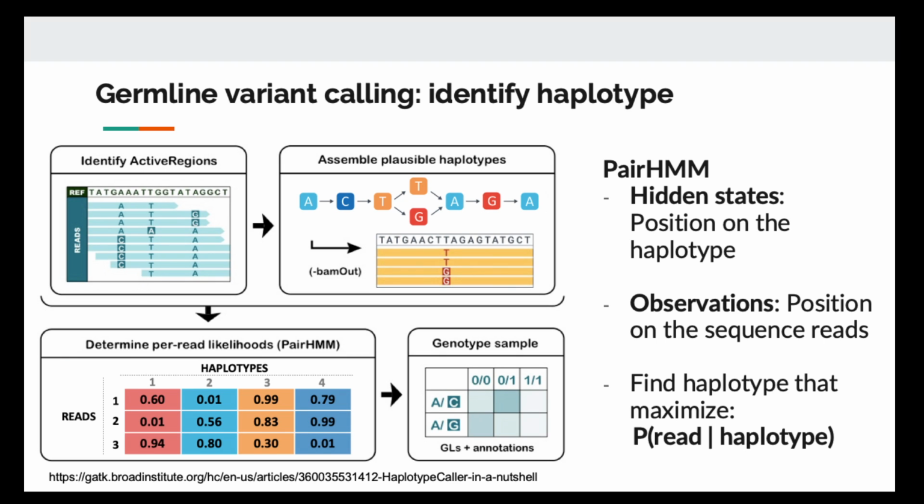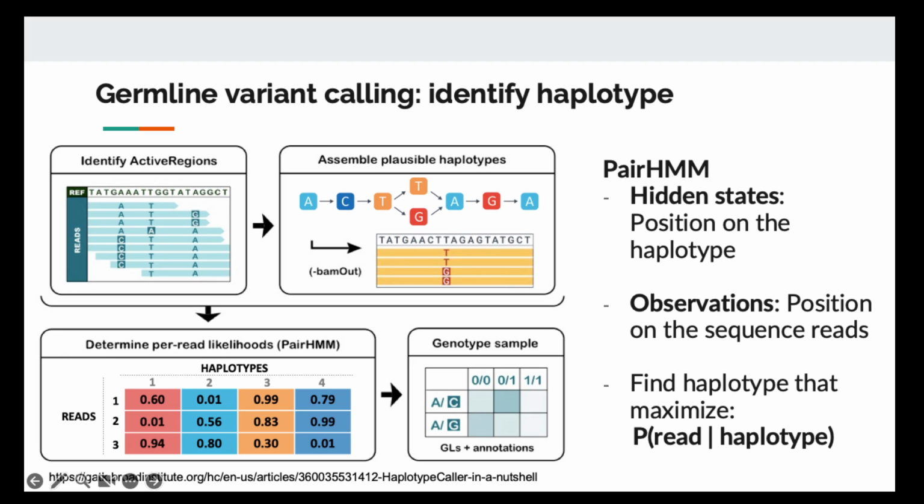So if you haven't watched the hidden Markov model in the last video, go check it out. I explain in detail the interaction between hidden states, observations, and the result that we need, how they go together. But the idea is like this. We have some possible answers, like in this case, these are the haplotypes.